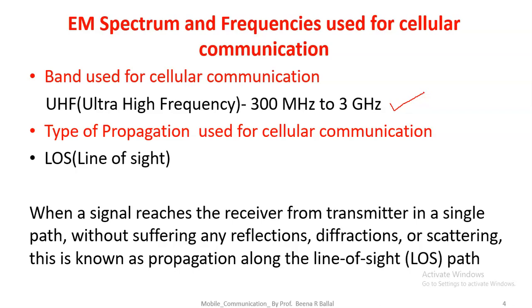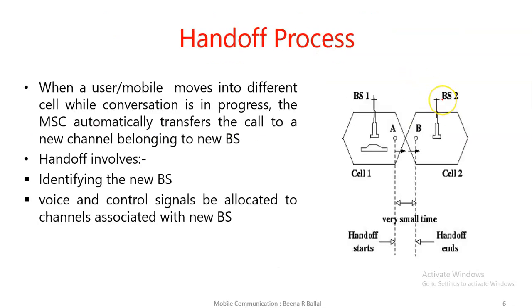In other words, my signal should not suffer any reflection, diffraction, or scattering. So, two important points here: cellular communication uses the UHF band, and secondly, the type of propagation is line of sight propagation.